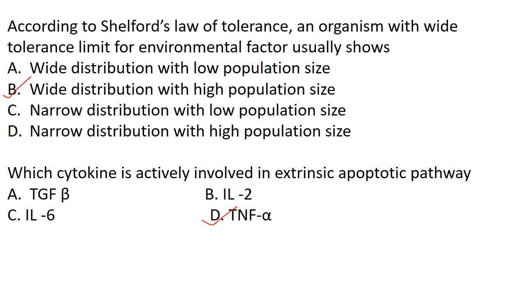One is extrinsic pathway and the other is intrinsic pathway. The extrinsic pathway of apoptosis is initiated by extracellular signals, and these extracellular signals activate the death receptor. The death receptor ligand is tumor necrosis factor alpha. So the cytokine which is actively involved in extrinsic apoptotic pathway is tumor necrosis factor alpha. Answer is option D.